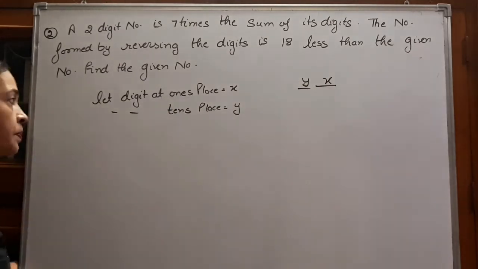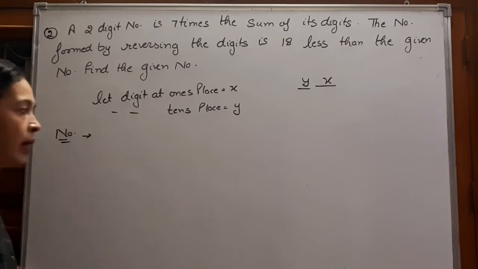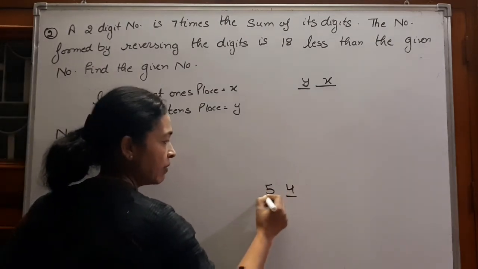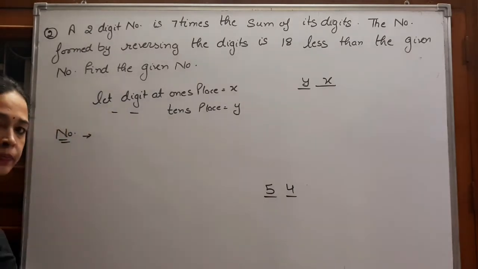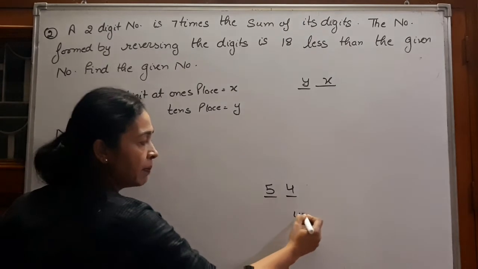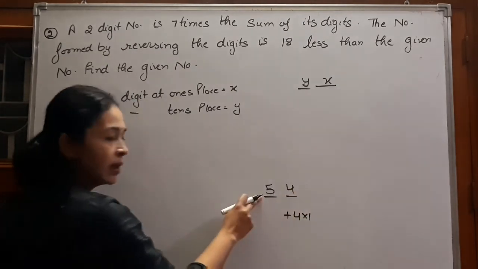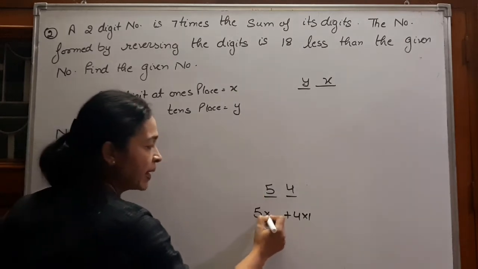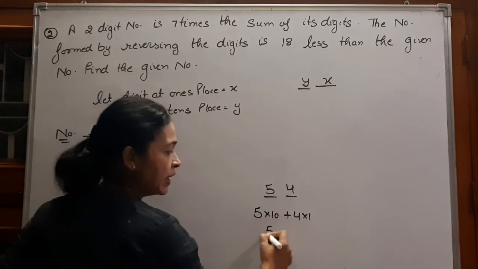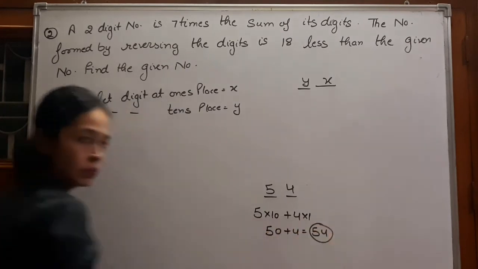These are digits. Our number will be, if we have a number, let 4 in the ones place and 5 at the tens place, you can write it as 54. Number at ones place will be multiplied with 1 plus number at tens place will be multiplied with 10. 10 into 5, 50 plus 4, you get 54.